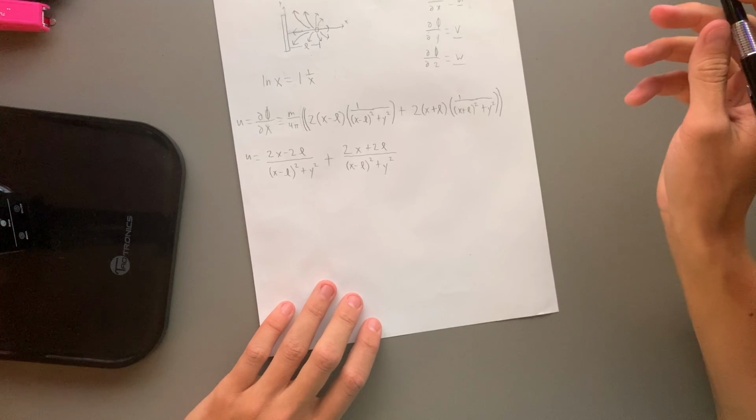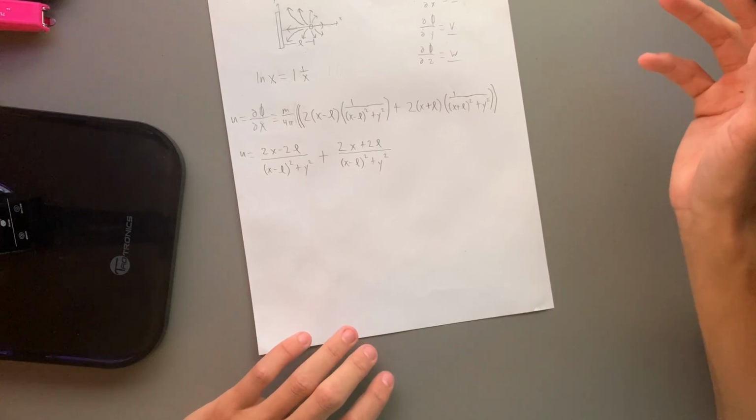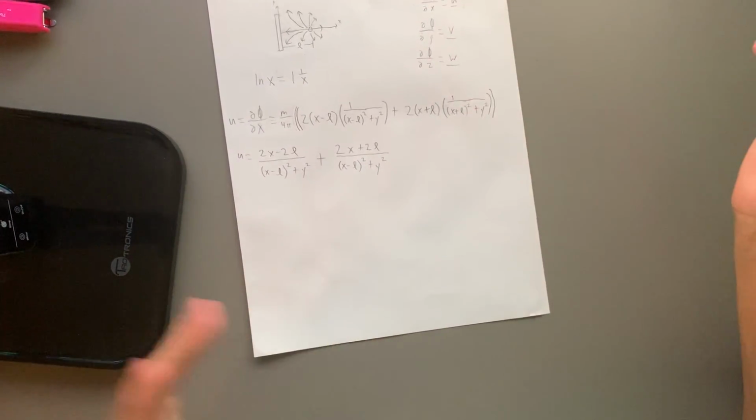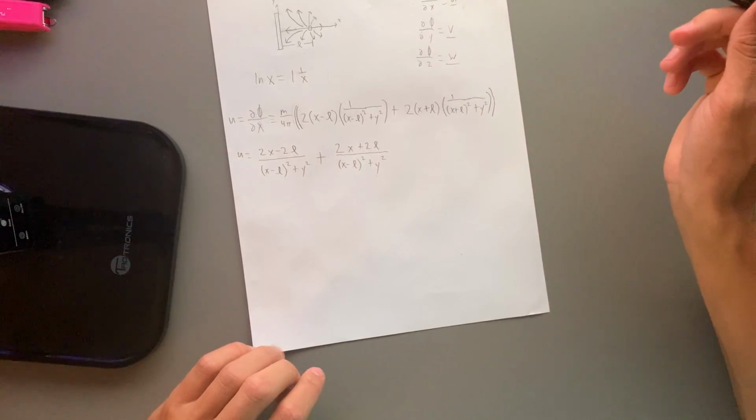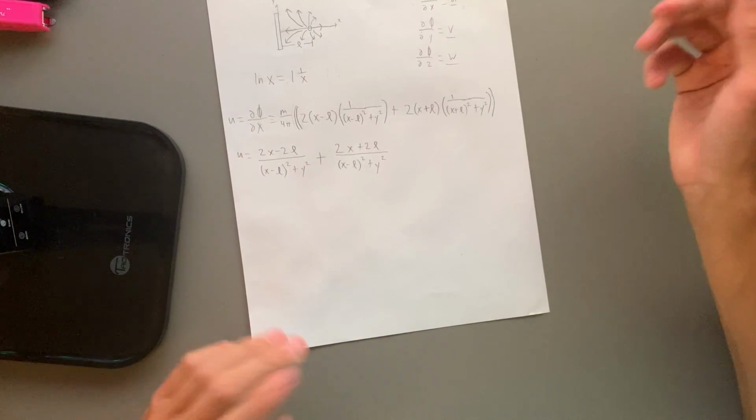All right, so now that we have this, we have successfully found our u. That's great. So now all we need to do is substitute our x value in.